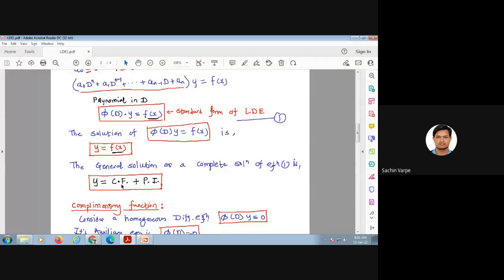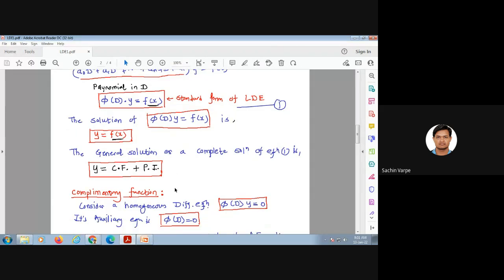So the general solution or the complete solution will be of this form, where y equals CF plus PI. Both CF and PI are functions of x, the independent variable. So our job is to find these CF and PI separately, and then by combining them in this form, y equal to CF plus PI, we will get the required general solution.